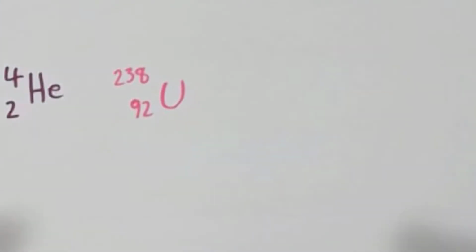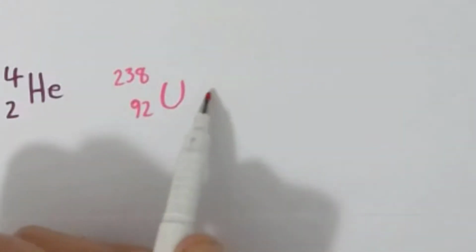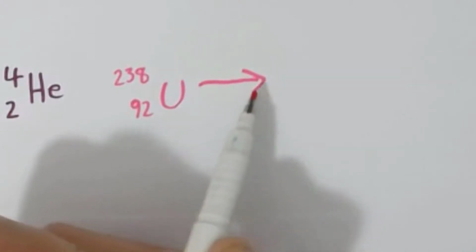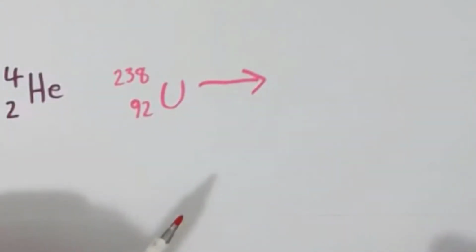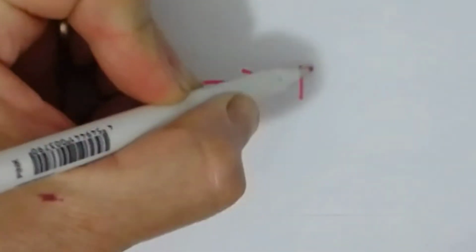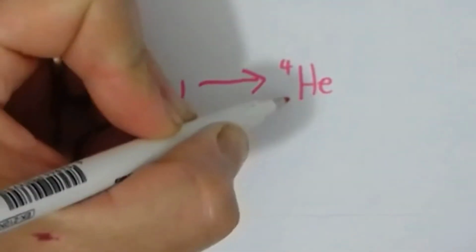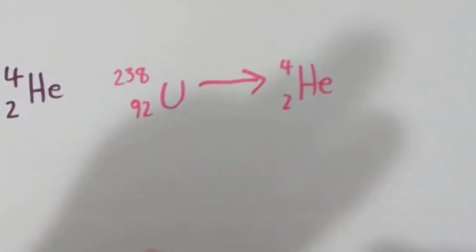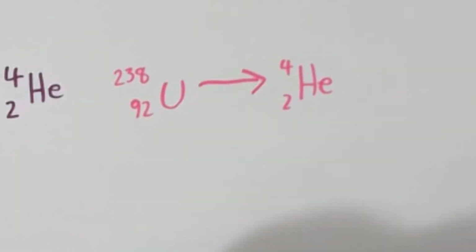With a nuclear reaction, we write the radioisotope on the left-hand side, then an arrow indicating the nuclear reaction is occurring, and then we write the alpha particle, a helium nucleus. That means 2 protons and 2 neutrons have been ejected from the nucleus of this uranium atom.